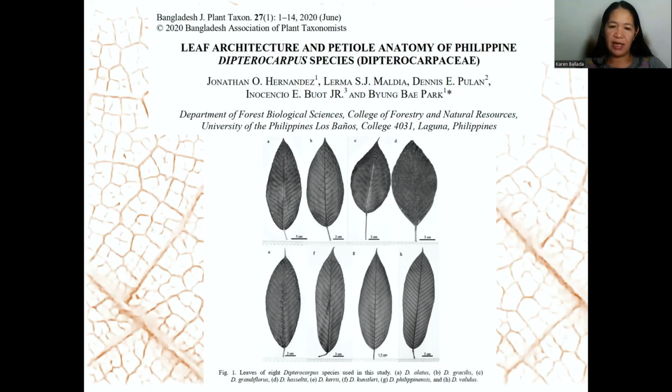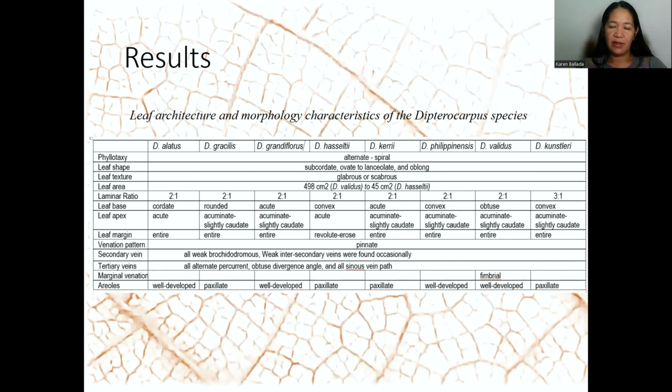The 8 Dipterocarpus species that they used in their study are Dipterocarpus alatus, D. gracilis, D. grandiflorus, Hasseltii, Kerii, Cancelleri, Philippinensis, and of course, Dipterocarpus validus. For the results, I tried to summarize them into a table.